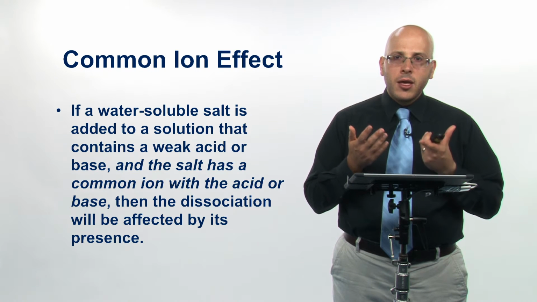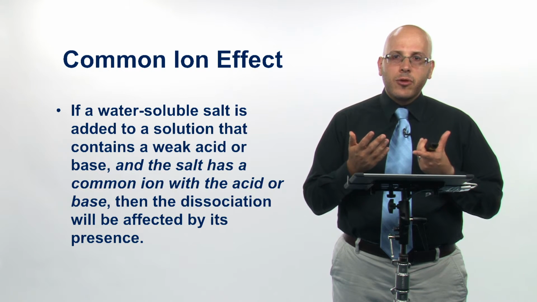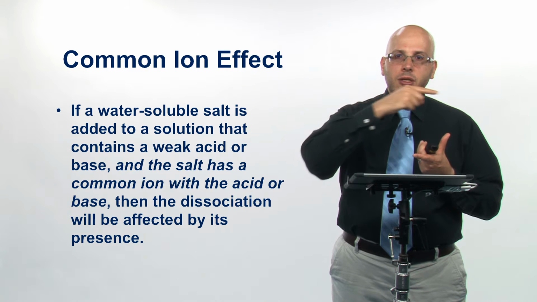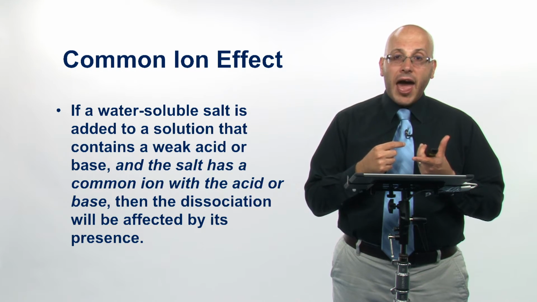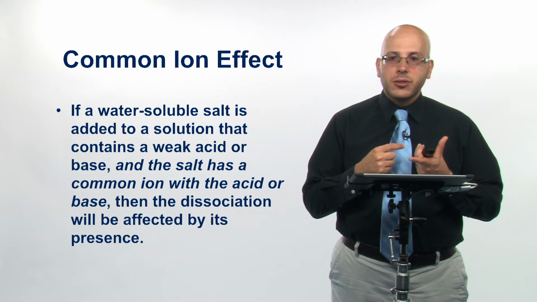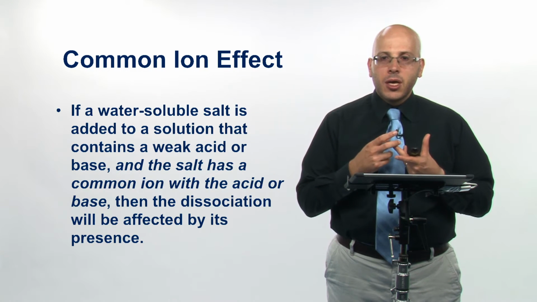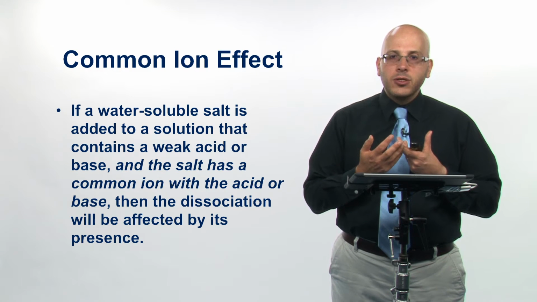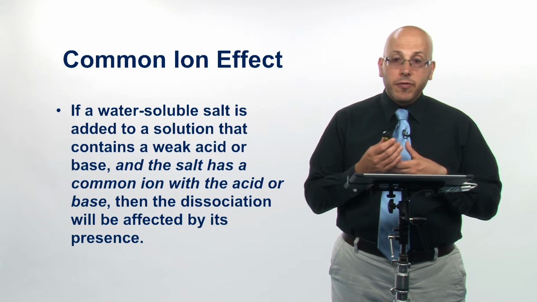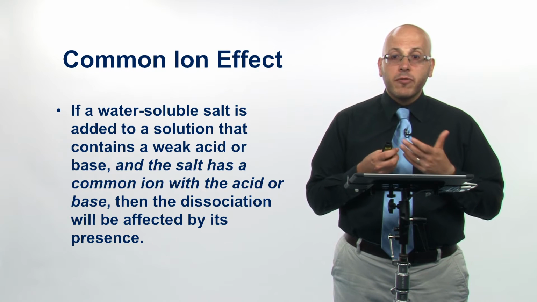Because of that, the equilibrium is going to have to shift, according to Le Chatelier, to oppose that. So it's going to have to go to the left, back to the reactants. And if I do this in a smart way, I can eventually wind up with something called a buffer. You may have heard the word buffer before.